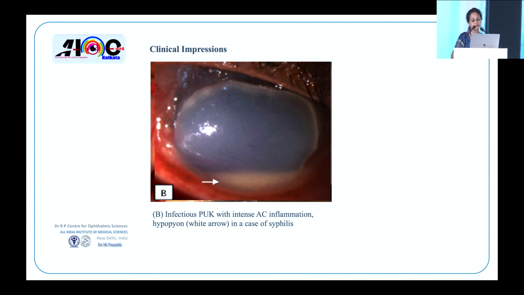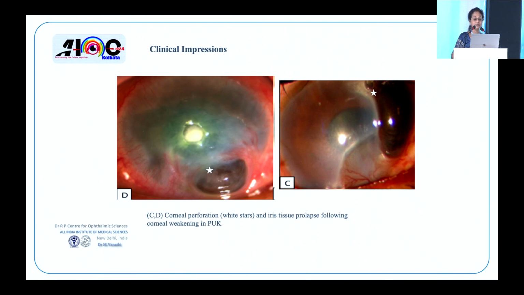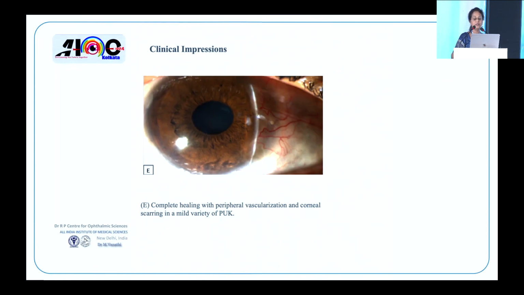A patient with syphilitic peripheral ulcerative keratitis, you see the rest of the cornea again has got involved, and you have intense anterior chamber inflammation as well. Again, if the peripheral ulcerative keratitis has been left untreated for long, the thinning cannot withstand the raised intraocular pressure, or progressive necrosis by secondary infection can lead to perforation such as this, and you will have to intervene for management in these patients.